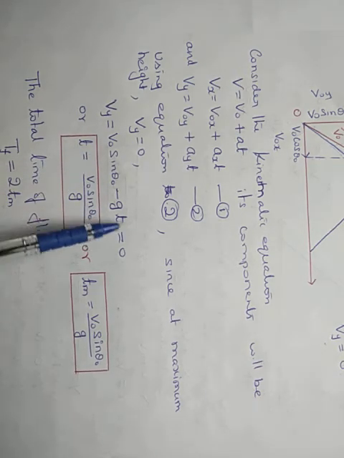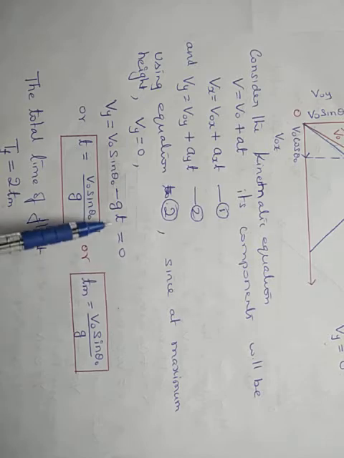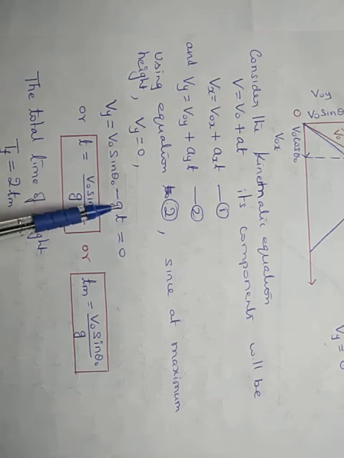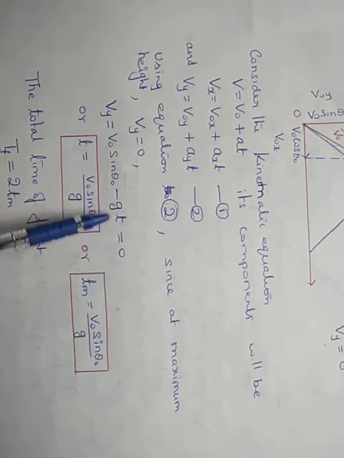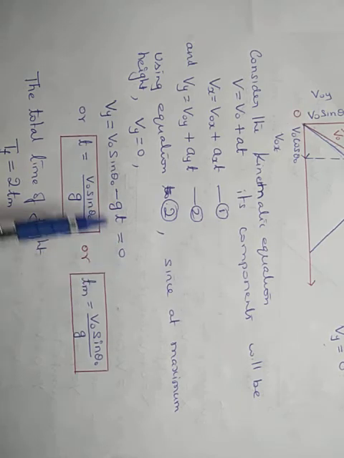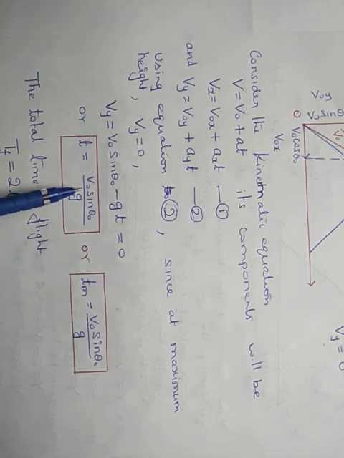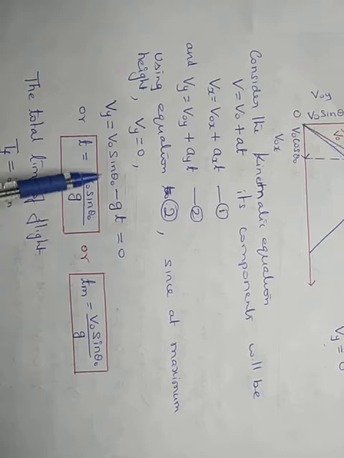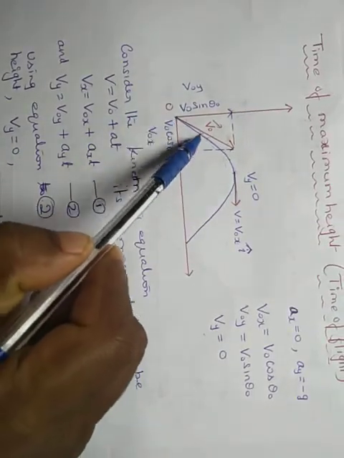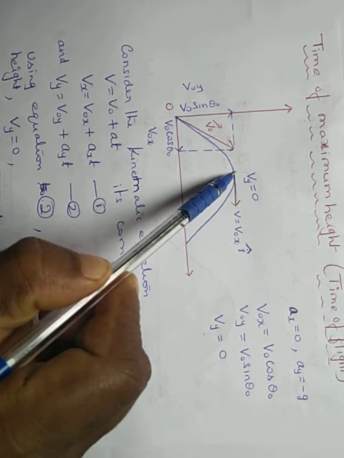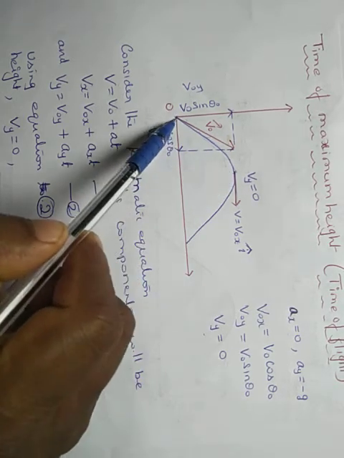So, V naught sin theta naught equal to g t, or t equal to V naught sin theta naught by g. This is the time taken by the object to reach the maximum height when we throw.